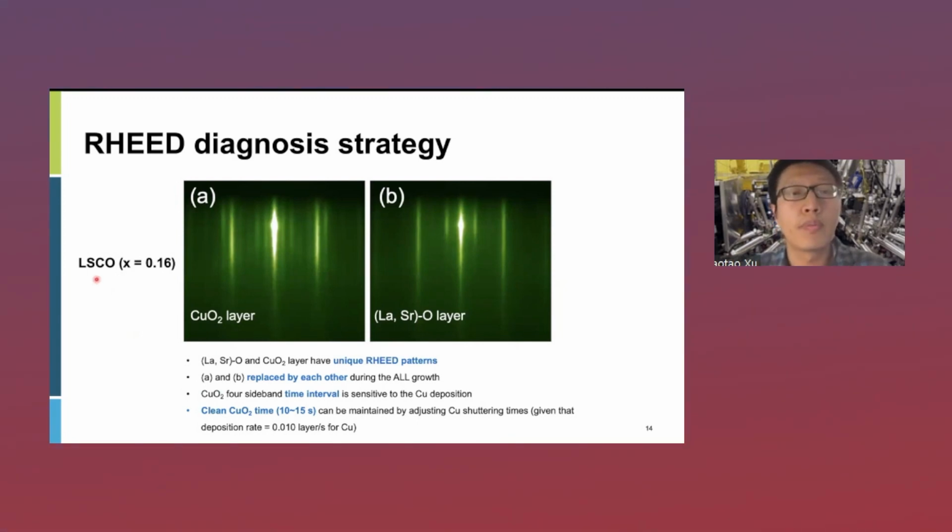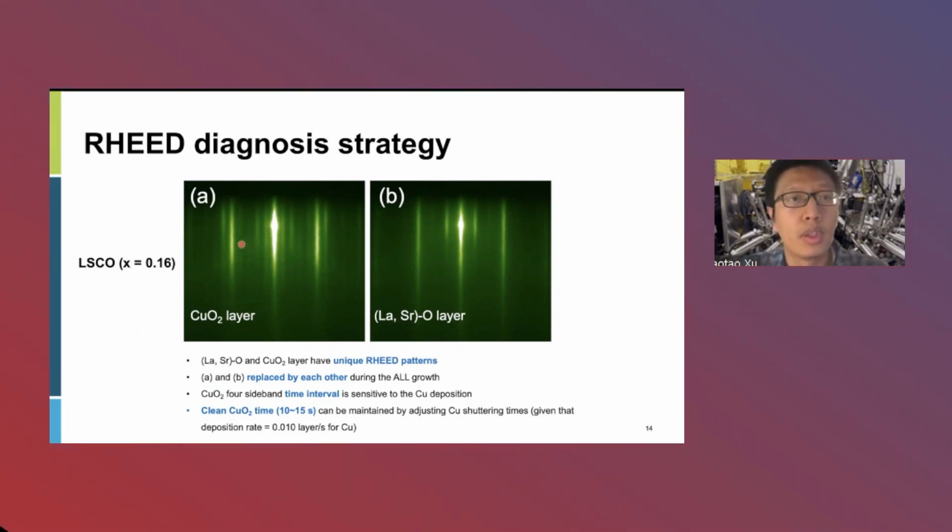We can see that the pattern of this RHEED is also different for the copper layer and the lanthanum strontium layer. So during the ALL growth, we would expect pattern A and pattern B to replace each other all the time.